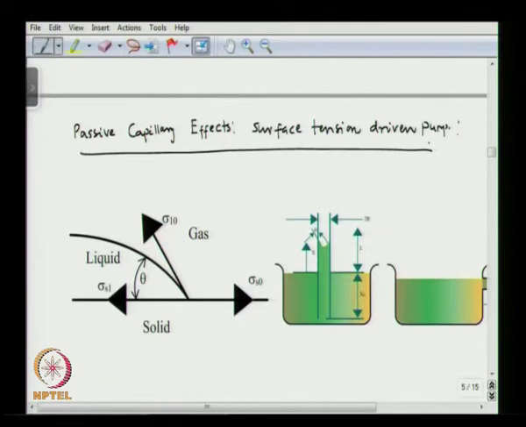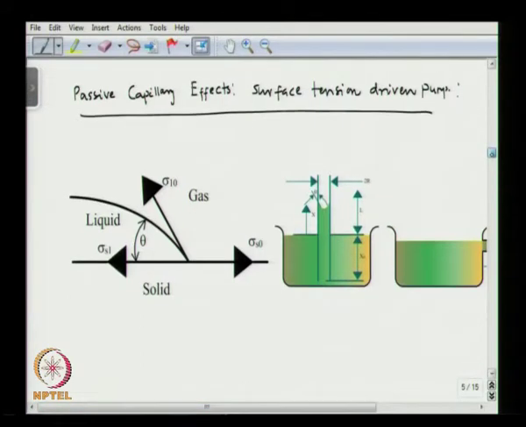Typically when we have a liquid droplet present on a solid surface, this is the contact line that we encounter. Here we have the surface tension between solid and gas, the surface tension between solid and liquid, and the surface tension between liquid and gas. This angle is known as the contact angle.